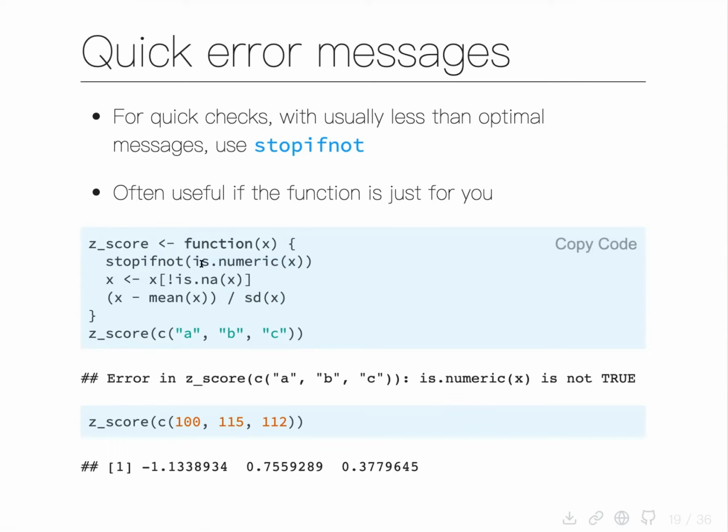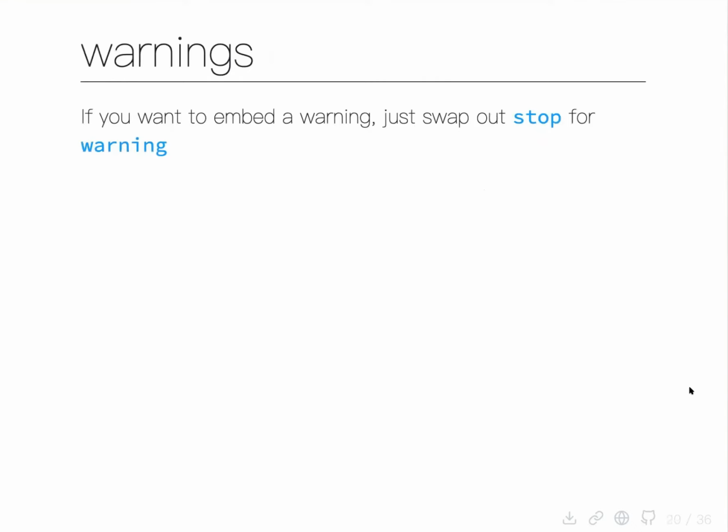It's basically echoing this part of the error and saying that's not true, so therefore it errors. And if I say z-score on these three values, then I get those. That's just another alternative. I'm mostly showing you that because you may see it out there in the wild, but generally I don't use that one much.